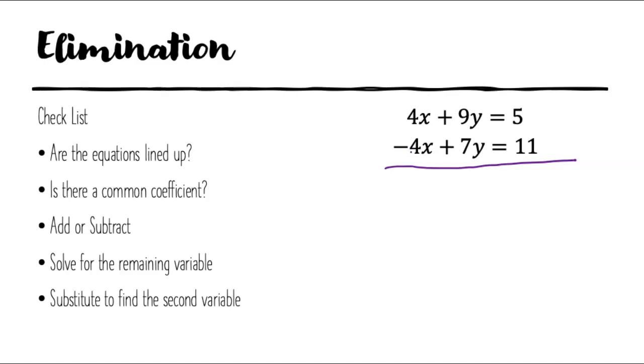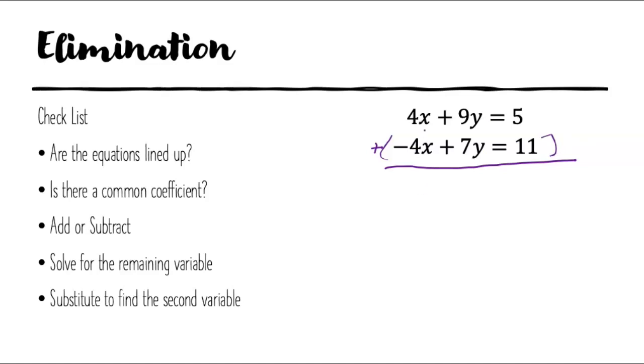But if we just think about the variable with that coefficient, 4 and negative 4, if I add those together, they make a 0. If I subtract them, that would be 4 minus negative 4, which is addition. So I'm going to combine them through addition, adding the entire expression to the top one, or the equations together.